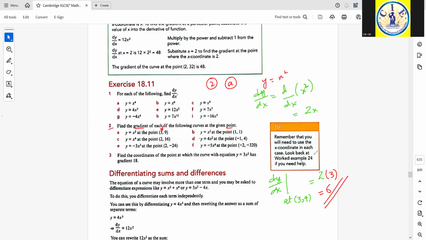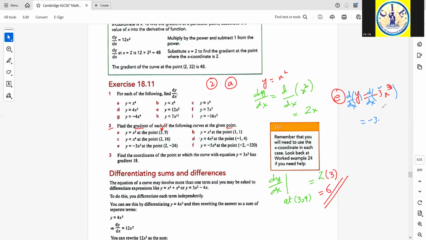Okay. In the same pattern, if I do, for example, part E, that will be y equals negative 3x cubed. So differentiating it now, d by dx of this, and then d by dx of this. That will give us negative 3.